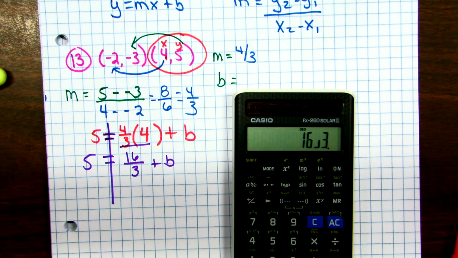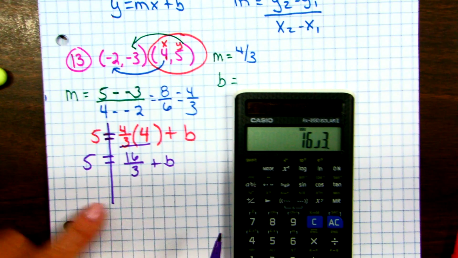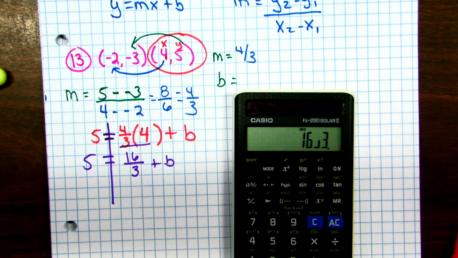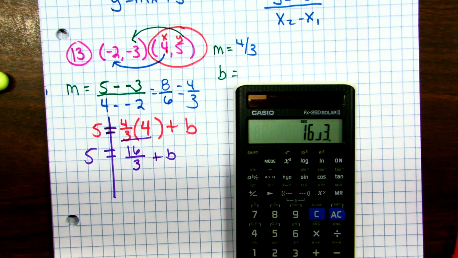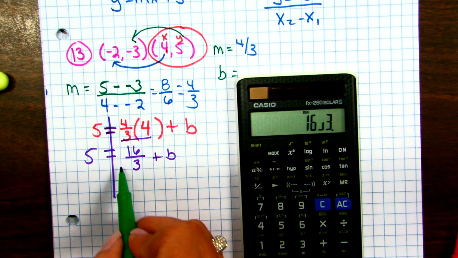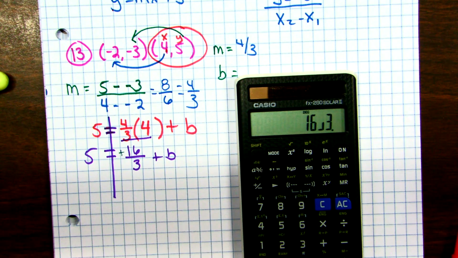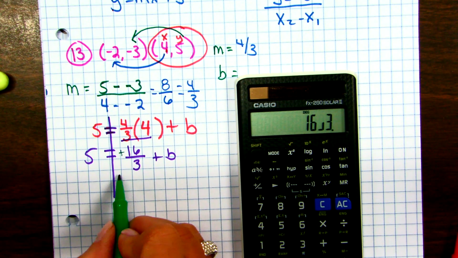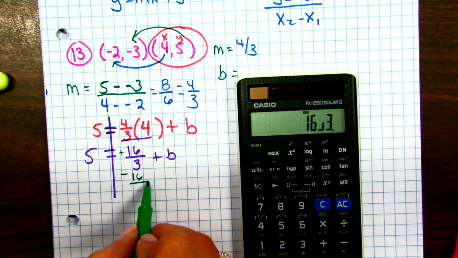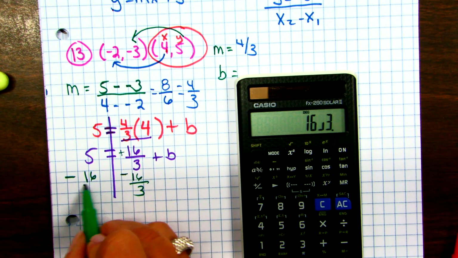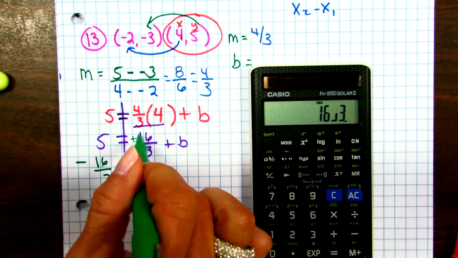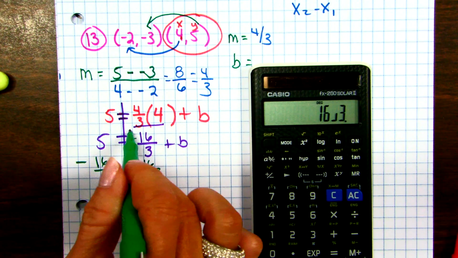And then you're either going to have to add or subtract to get this to the other side. And that will change from problem to problem. What are we going to do with 16/3? Are we going to add it or are we going to subtract it? Subtract. Yes, because it's positive. Think of positive as like there's a plus sign in front of it. We just don't write it. The opposite of that would be a minus. Two numbers with opposite signs cancel.